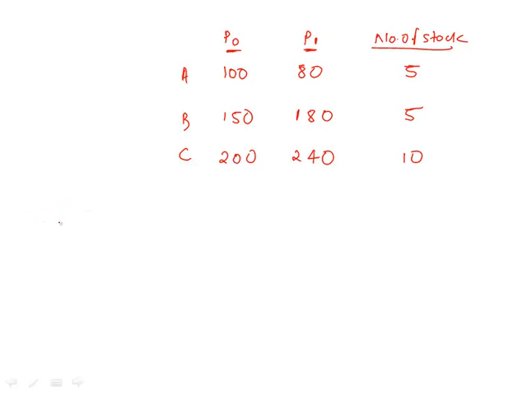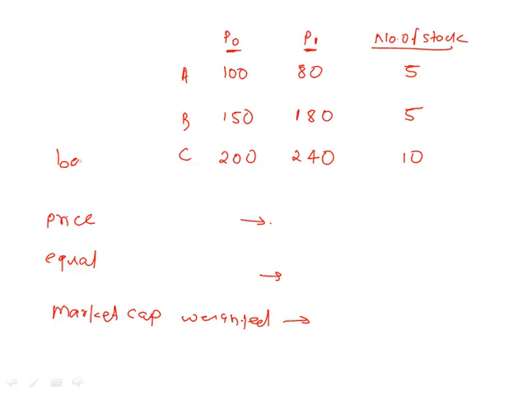Calculate the value of the price weighted, equal weighted and market cap weighted index at time 1, using a base of 100. Assume a base of 100. At least the previous period index value was 100.